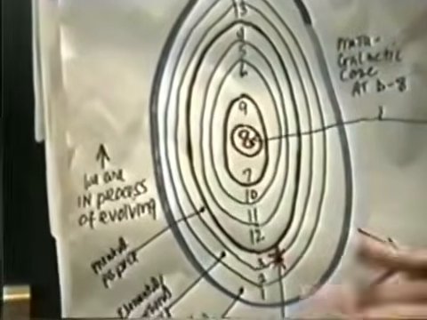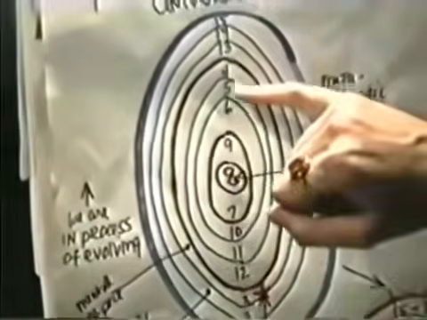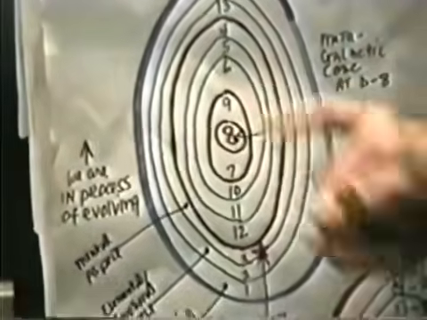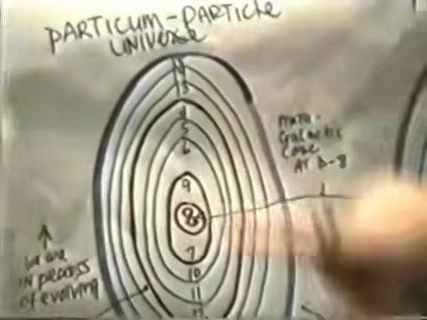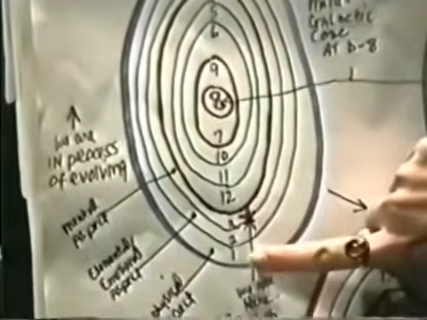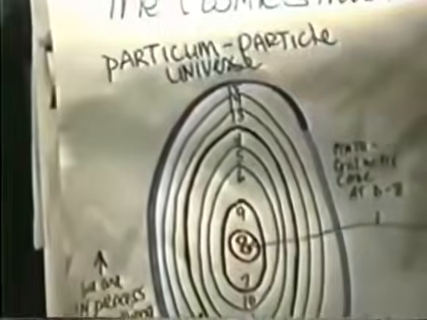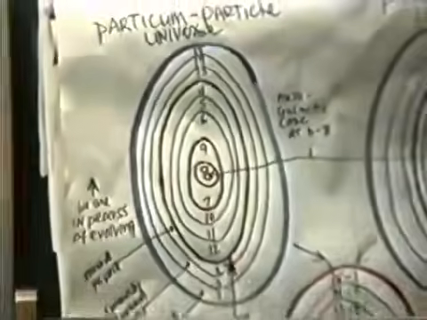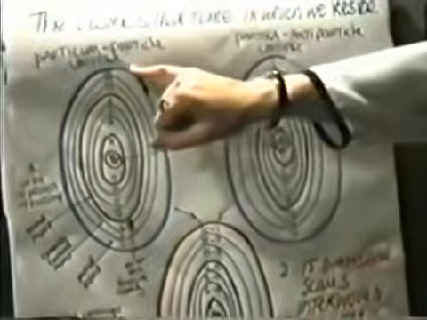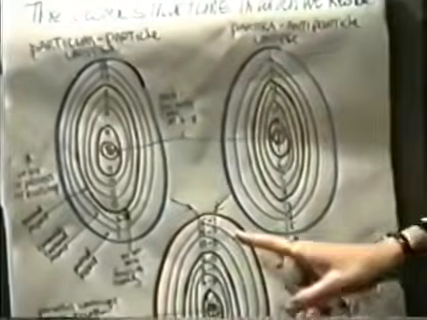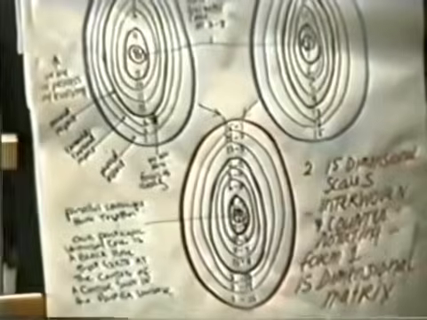But the basic understanding is that there are 15 dimensions: 1, 2, 3, 4, 5, 6, 7, 8, 9, 10, 11, 12, 13, 14, and 15. And there's one scale that you can conceptualize as running from bottom to top, and then there is another scale you can conceptualize as running in the opposite direction, where dimension 1 is the same place dimension 15 would be in this one. These run together, and they're actually superimposed over each other, so the dimensions flow through each other.